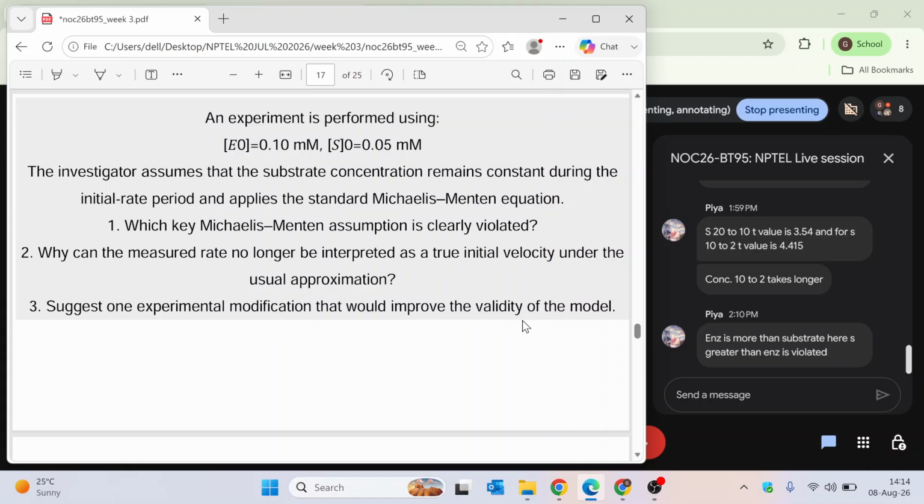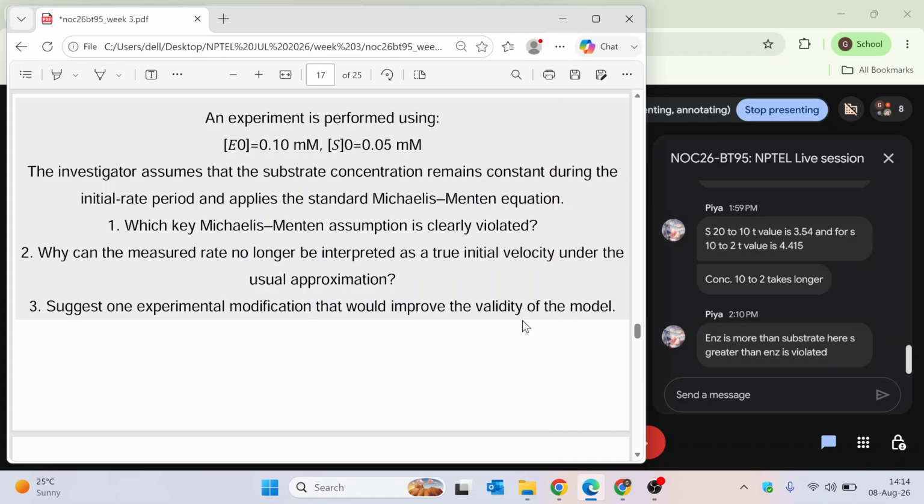So there is no steady state of enzyme-substrate complex, there is no such concept in this situation, and hence we cannot consider the measured rate as the true initial velocity.